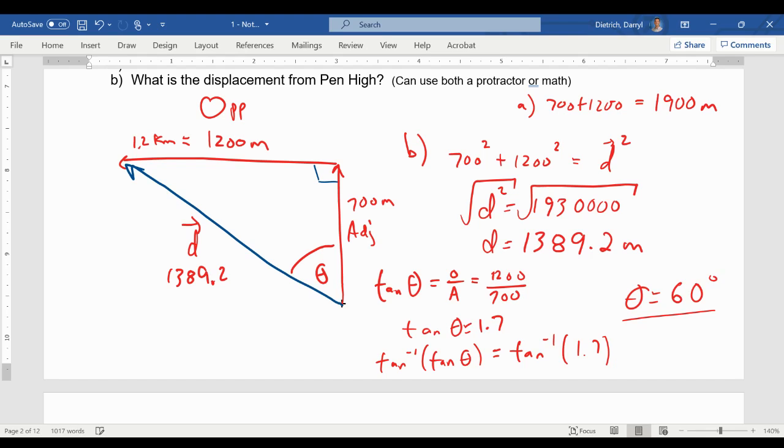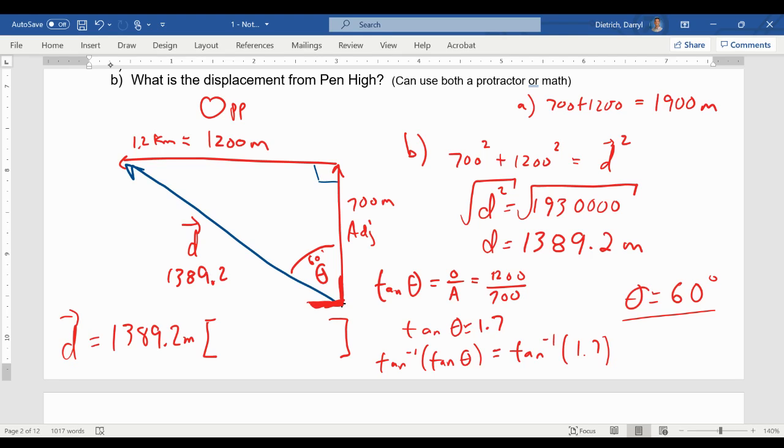Now how we state this answer is kind of tricky, kind of neat though, because this will be new. We say that the size of our vector is 1389.2 meters, and then to indicate direction, for this angle of 60 degrees in here, we need to reference either our northerly or our westerly coordinate system.